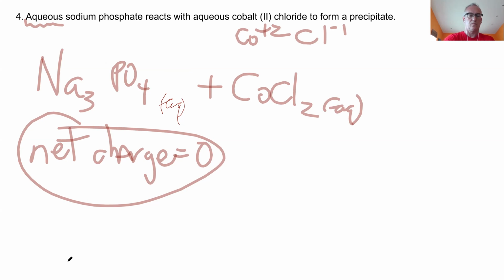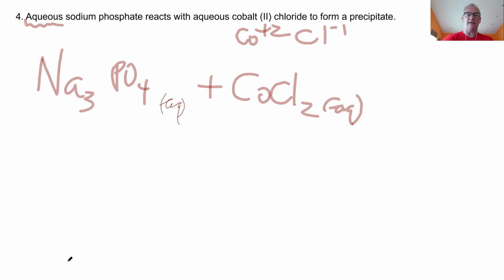Because everybody's aqueous, what are my ions in solution? That's our next step. So here's our reaction. We're actually doing two reactions here. We've already done the first reaction because we dissolved them in water.